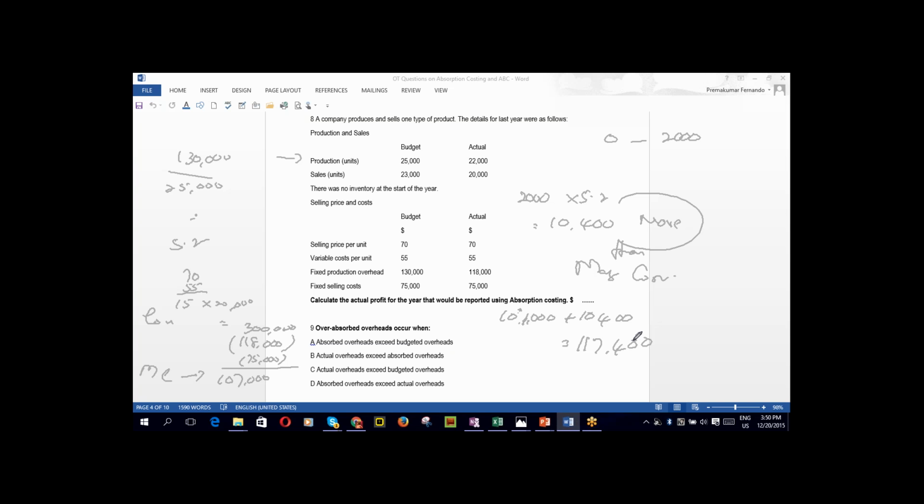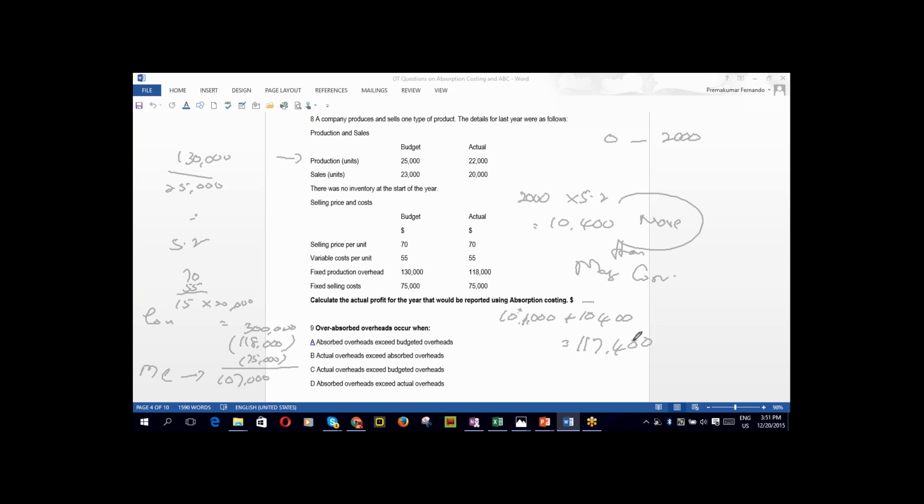He will give you one particular aspect of profit and will ask you the other, marginal costing or absorption costing. So you have to just remember one thing here. Absorption costing profit is always higher when the closing inventory is more than the opening inventory, by the difference multiplied by the overhead absorption rate.